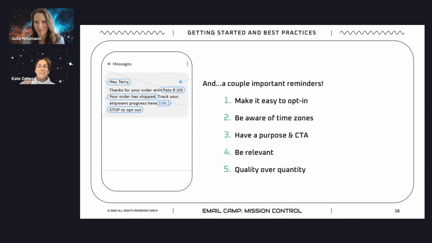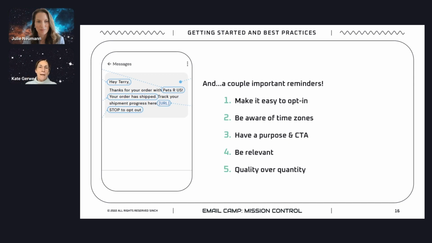One last little set of final reminders, and I couldn't help myself here. Make it easy to opt in. A lot of times we get questions from customers: I don't have their mobile numbers, can I text them?